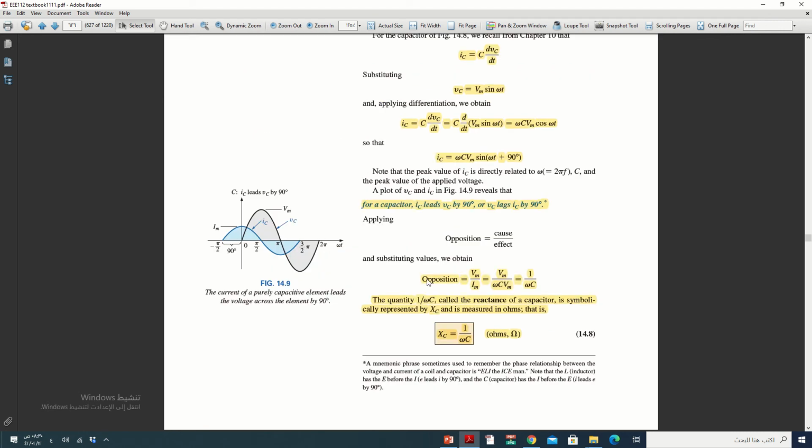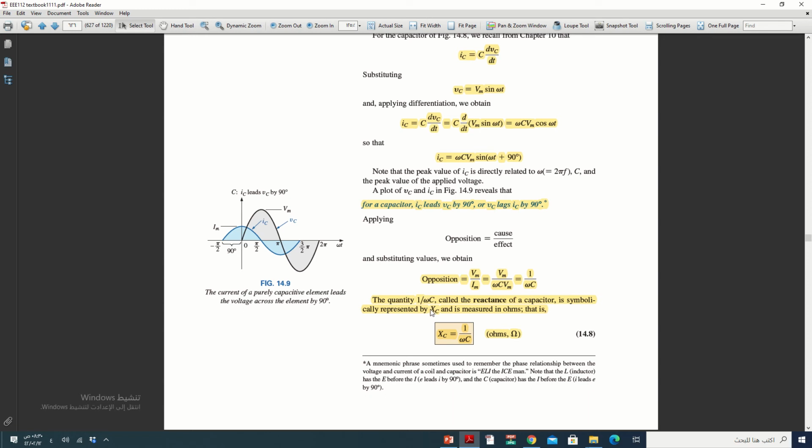If we need to find the opposition, Vm peak over Im peak is Vm over omega C Vm, which is this. Can Vm cancel with Vm? It remains 1 over omega C. This quantity 1 over omega C is called the reactance of the capacitor, similar to the reactance of the inductor.